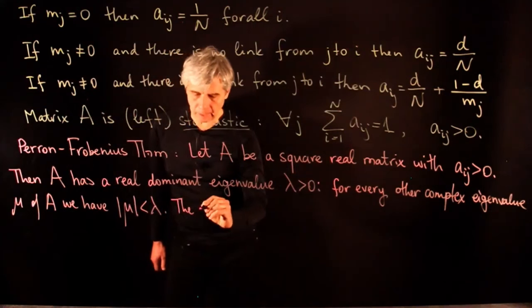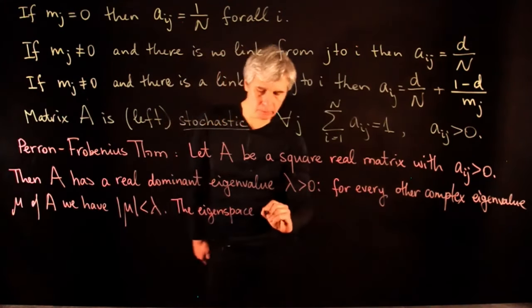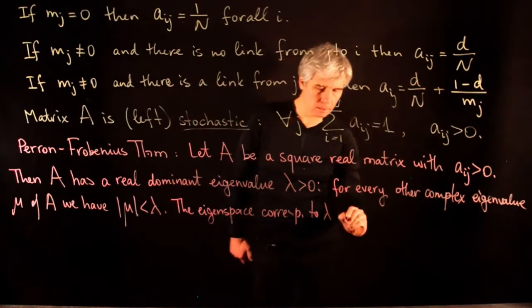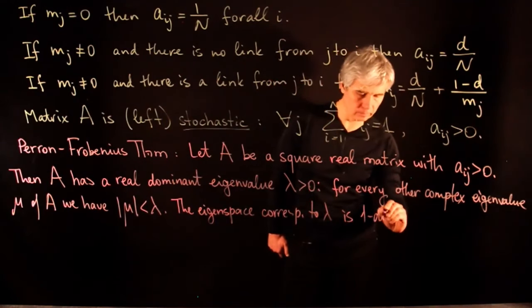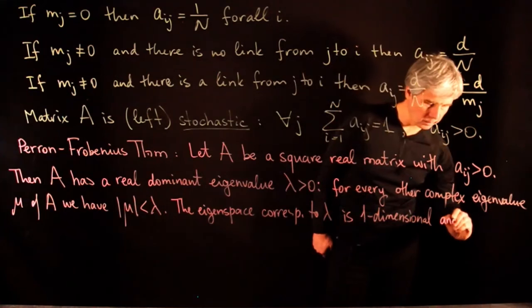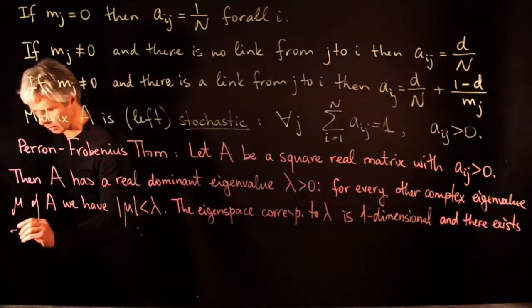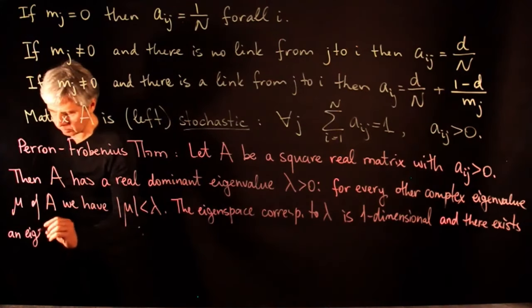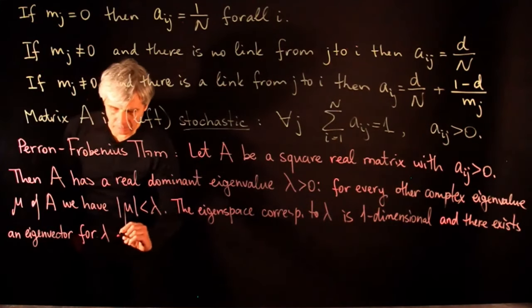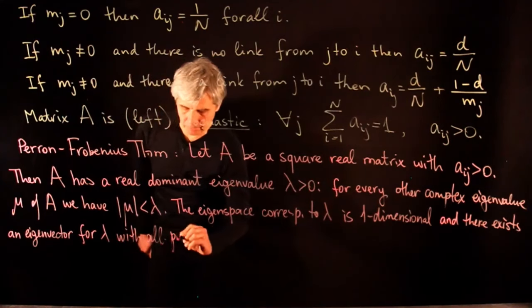The eigenspace corresponding to lambda is one-dimensional. And there exists an eigenvector for lambda with all positive components.